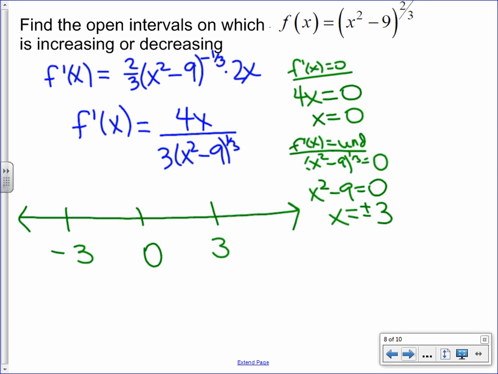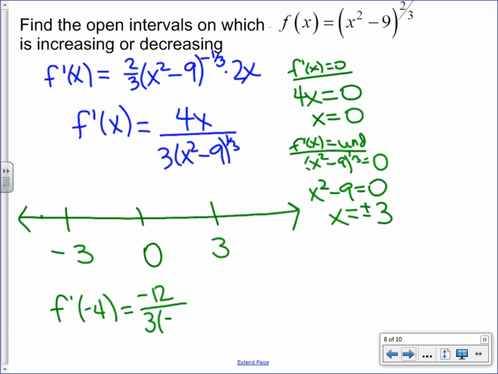Let's get to it. What do we want to choose to the left of -3? -4, sure. So when we plug in -4, we have -16 on top over 3 times, what kind of number is this going to give us?